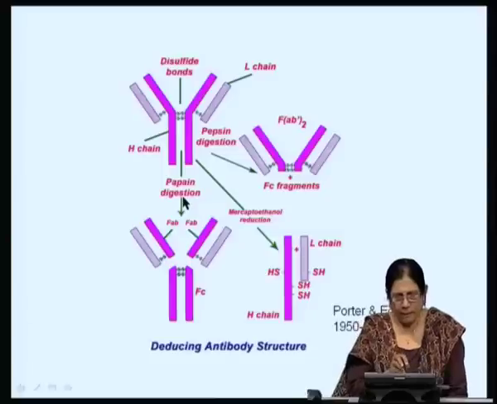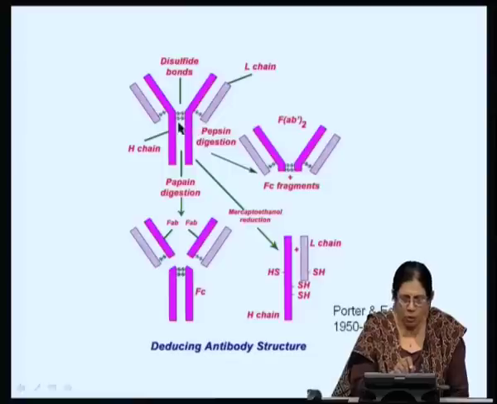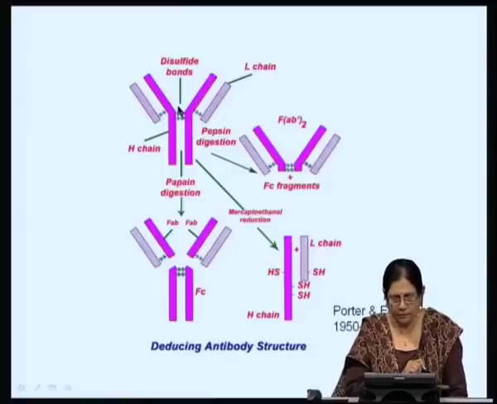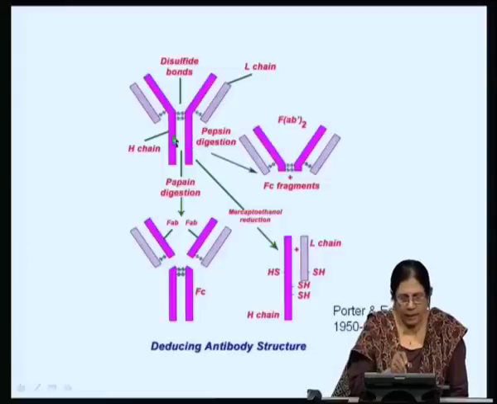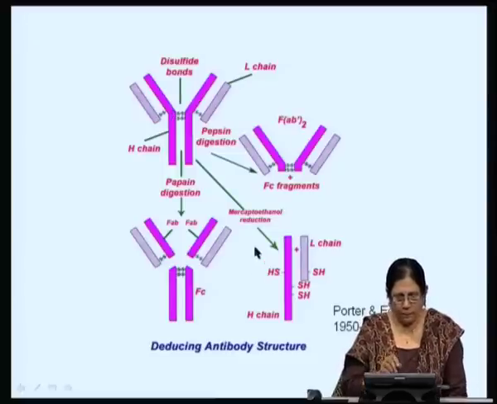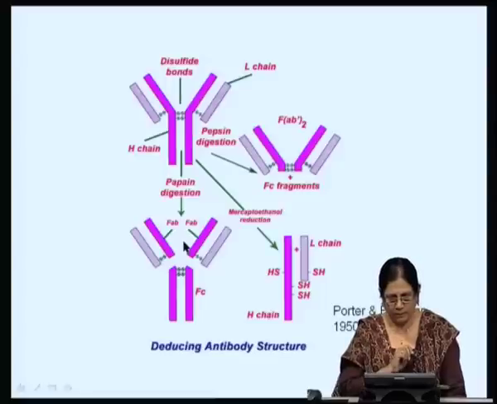Interestingly, pepsin digestion attacks the site on the immunoglobulin molecule which is after the disulfide bonds which hold the heavy chains together. Papain, on the other hand, cleaves the molecule at a site which is above the disulfide bonds. Therefore, the pattern of the fragments that they obtained were quite distinct.